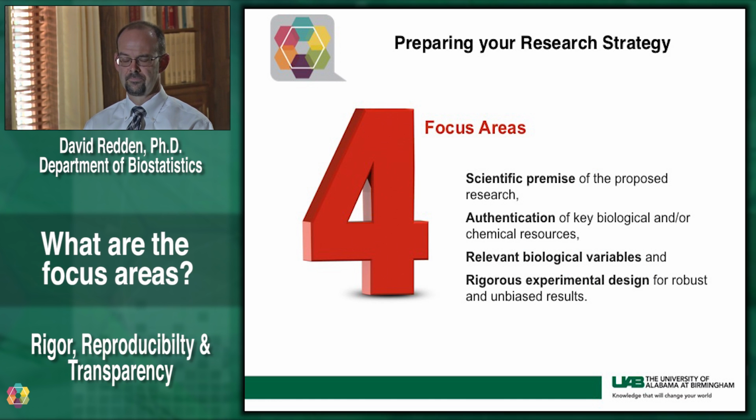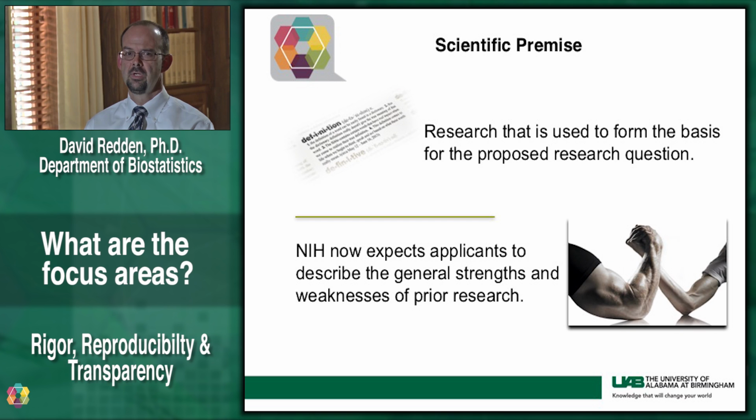So there are 4. There is one called scientific premise, and scientific premise is much more than a literature review. It's a justification of the scientific premise behind what you're doing. You're justifying your approach, comparing it to previous literature, and looking at your preliminary data to justify the assumptions with it and identify the strengths and weaknesses in both the literature and your preliminary data.